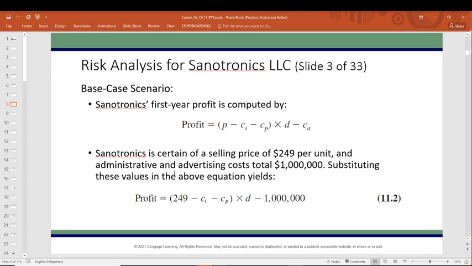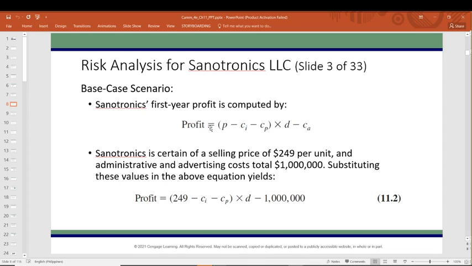Substituting these values into the equation that yields profit, where P is the selling price per unit.